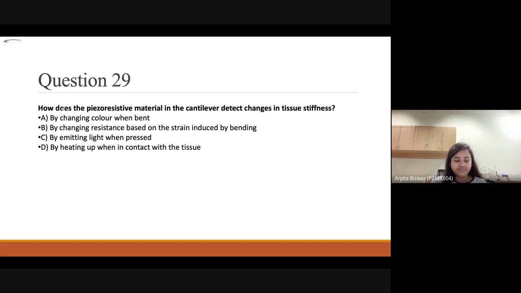So, what is the right answer? The right answer is option B, by changing the resistance based on the strain induced by bending.